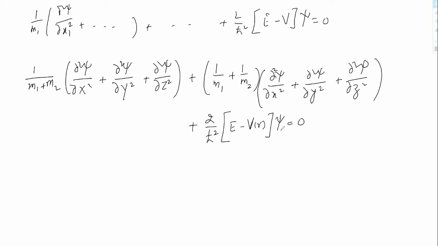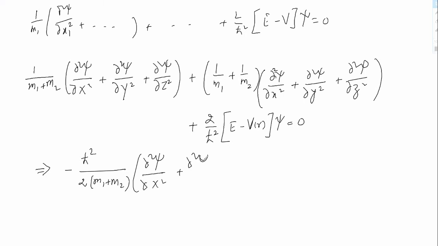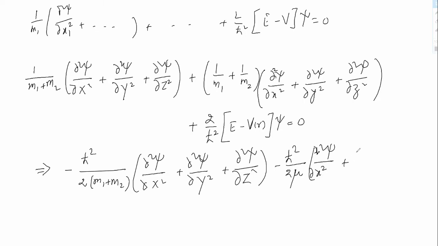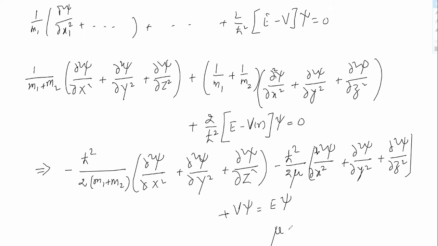When you introduce the reduced mass, you can verify that this complete expression will look like minus h cross square by twice (m1 plus m2) d square psi by dX square plus d square psi by dY square plus d square psi by dZ square, minus h cross square by twice mu, the reduced mass of the system, d square psi by delta x square plus del square psi by delta y square plus del square psi by delta z square, plus V psi is equal to E psi, where mu is m1 m2 by m1 plus m2.